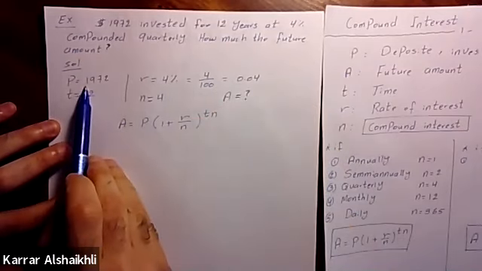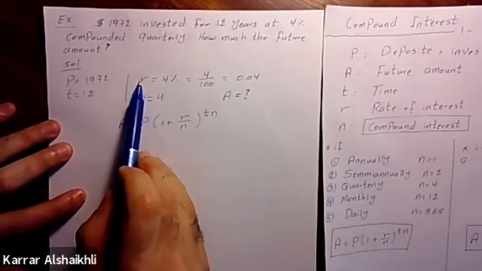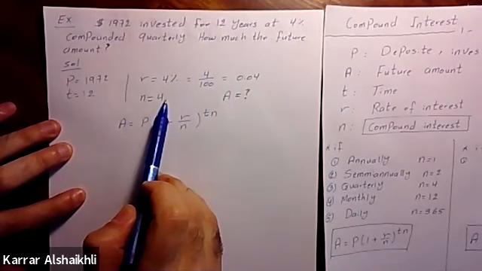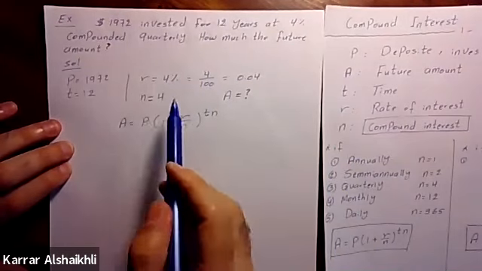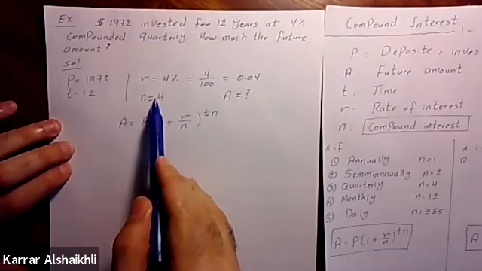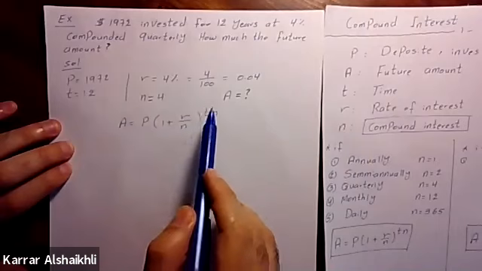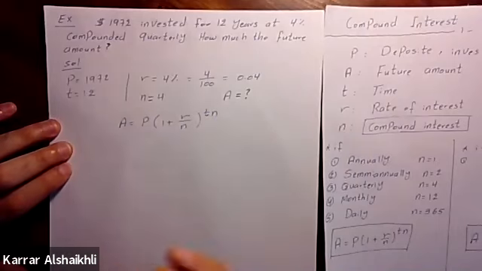If you invest 1,972 for 12 years at 4% compounded quarterly, that means they're going to give you interest every 4 months. For 12 years, every 4 months, you're going to get interest. Let's check how much is going to be in the account after 12 years. That means the future amount.